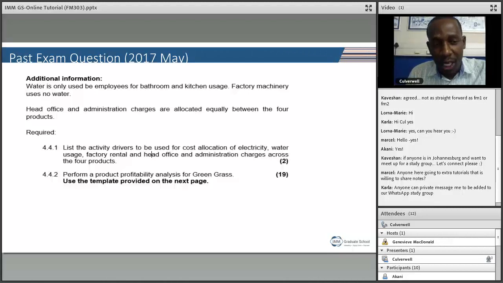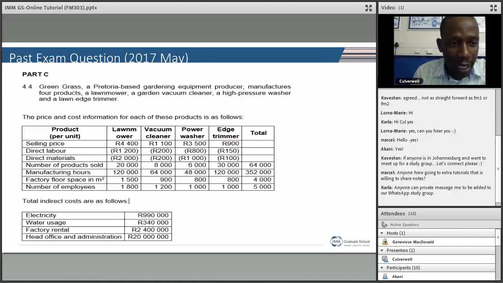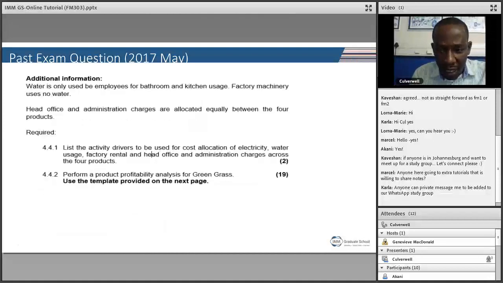That is the trick I wanted to give there: never were you going to use anything other than the number of employees, because the question indicates that water is only being used by employees for both bathroom and kitchen usage. Factory machinery uses no water. So for water usage, we use the number of employees.